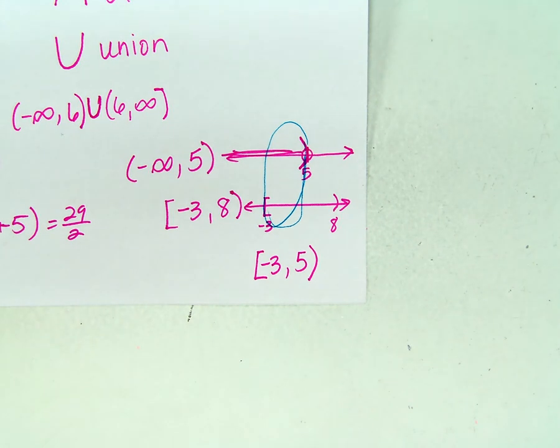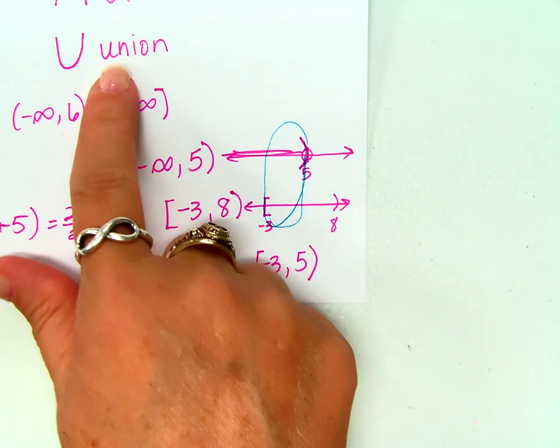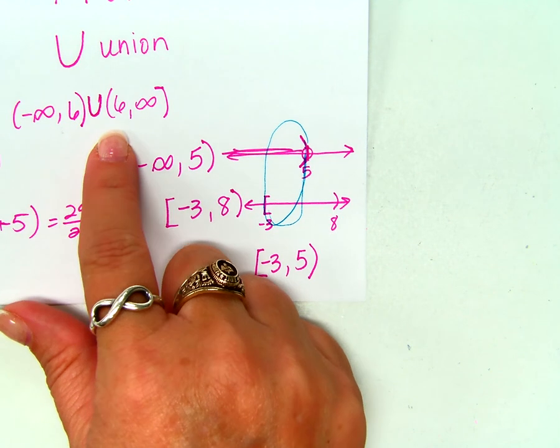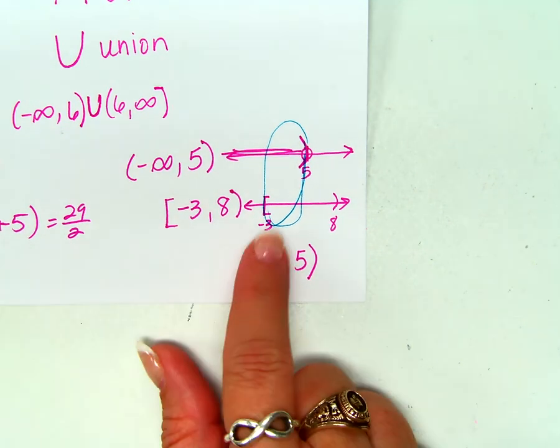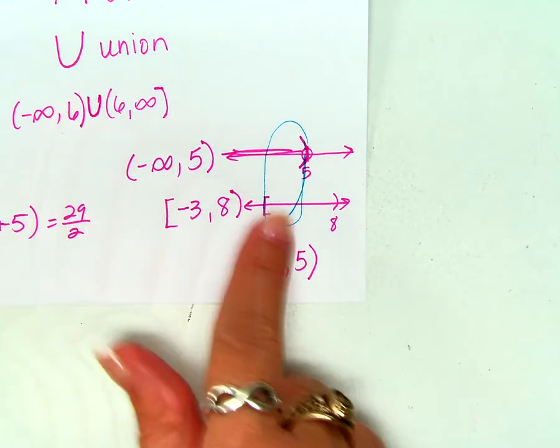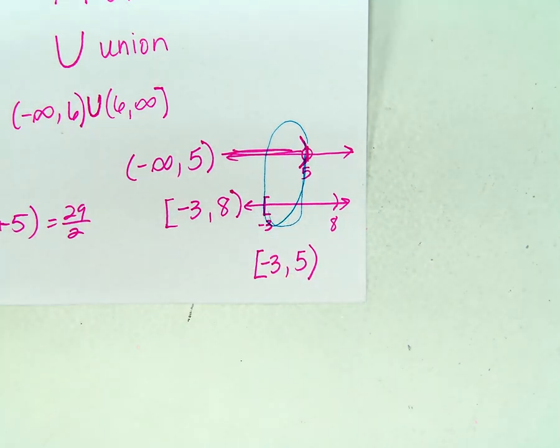Does that make sense? Does that help at all? Again, I know you've never seen that before. We've never talked about that as far as intersection. Only time we ever used union was when we were talking about domain and range, things like that. Okay? But I wanted to kind of show you what a union was and intersection was, that kind of thing.